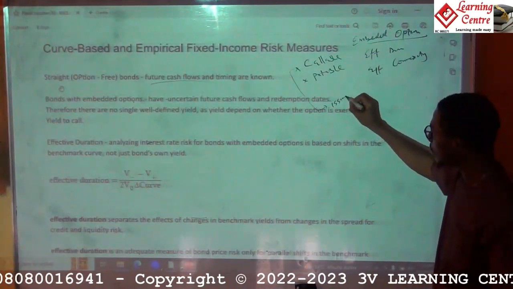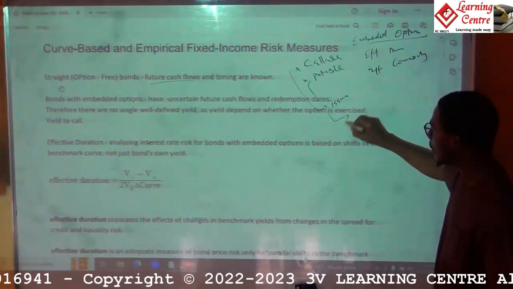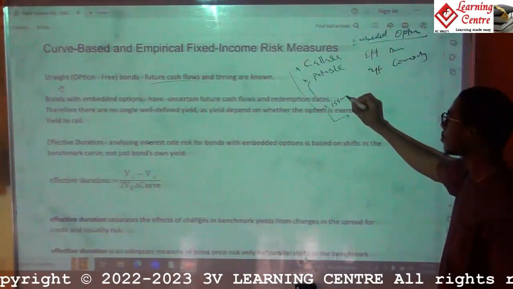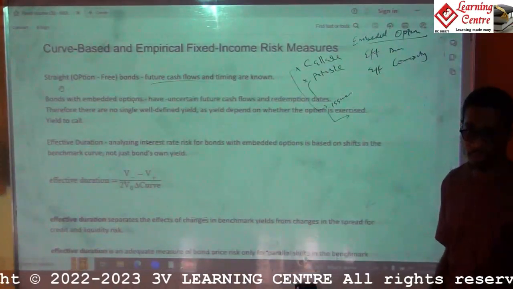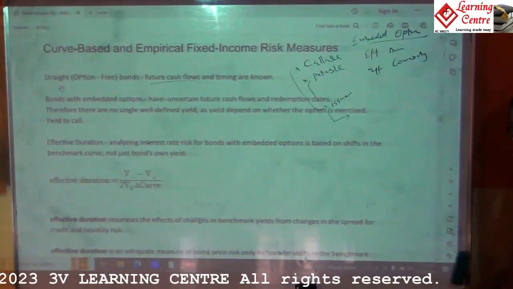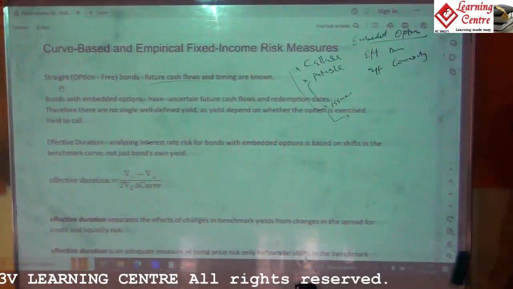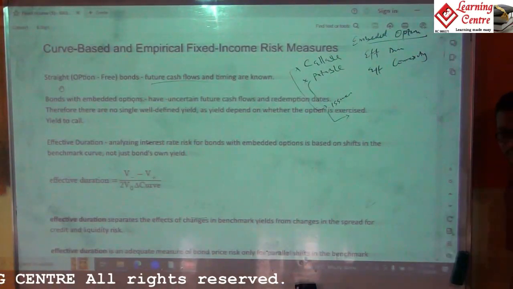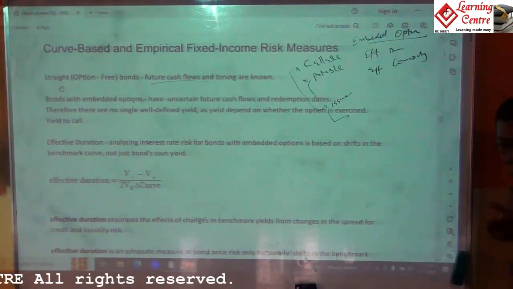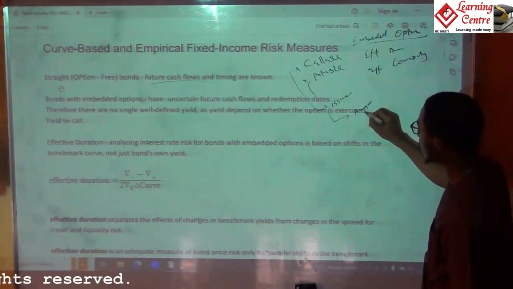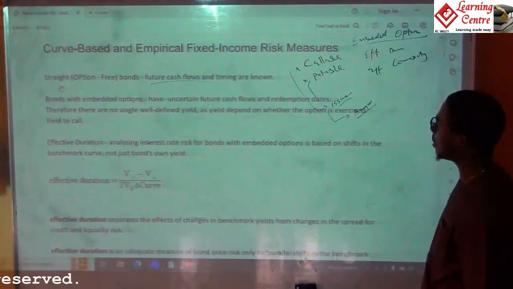Yes, correct. And for the putable bond, what does that mean? They can sell back to the issuer at the specified price.